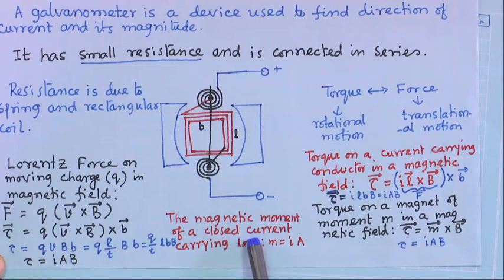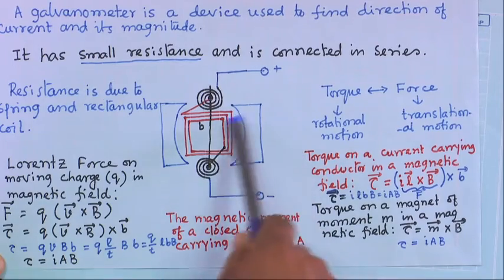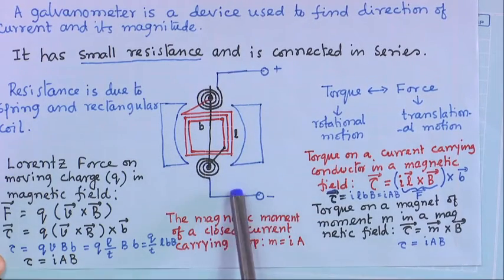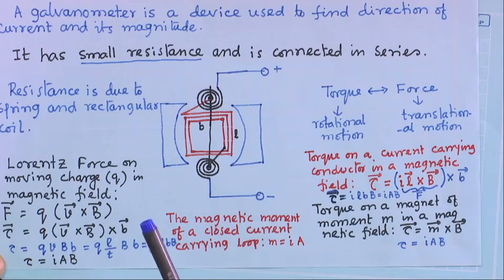You know that for any closed current carrying loop, whether it is rectangular or circular, it is equivalent to a magnet and its magnetic moment is m equal to I A. I is the current flowing through the closed circuit and A is the area of this closed circuit.